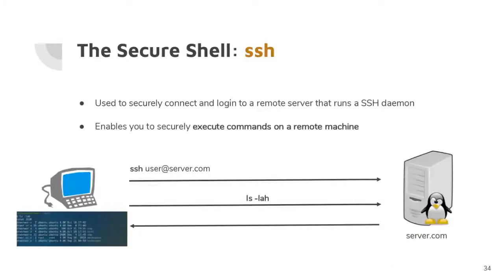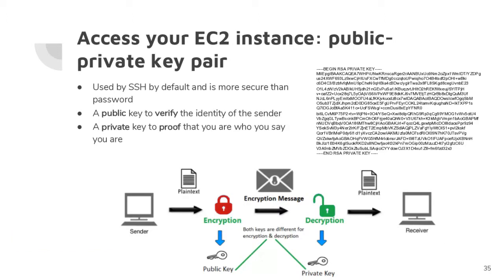But if it's allowed, you can connect as a certain username, which has to be pre-configured on the server, and connect using a domain name or an IP address, and then you're able to run all these commands in a terminal. In the next presentation on Linux, we'll see some commands. For example, ls -lah returns all the files in the current directory, the file names. So you can use this secure shell to set up and configure your instance.